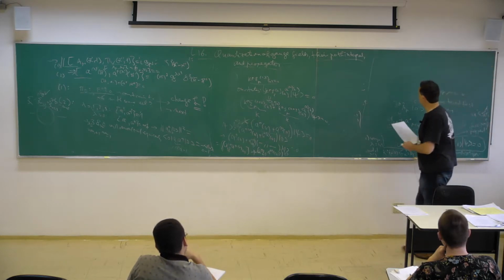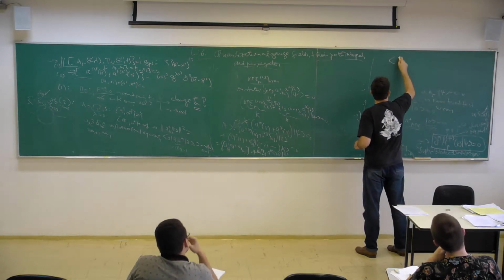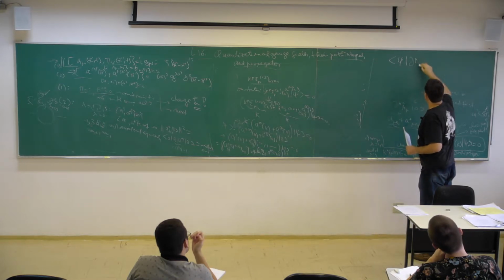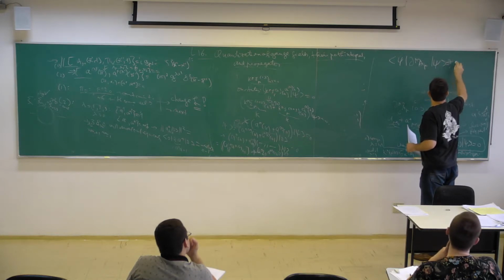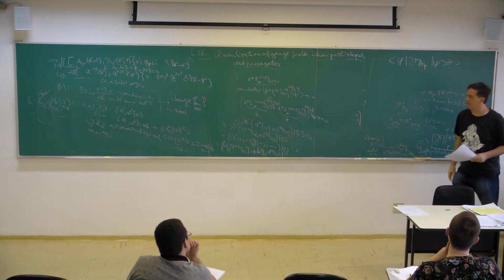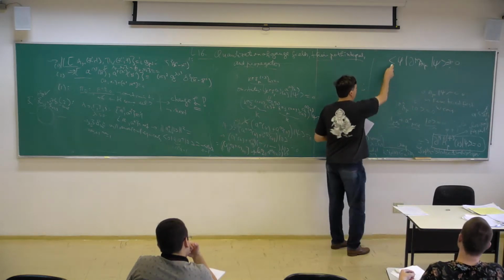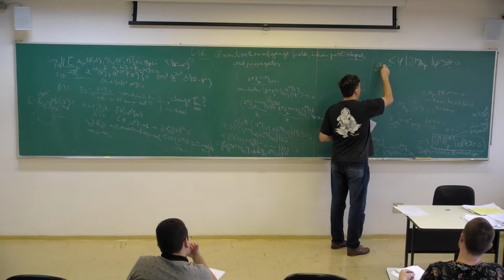So really all we have to check is that this thing is 0. If this is 0, this is what becomes classical by the Ehrenfest theorem.